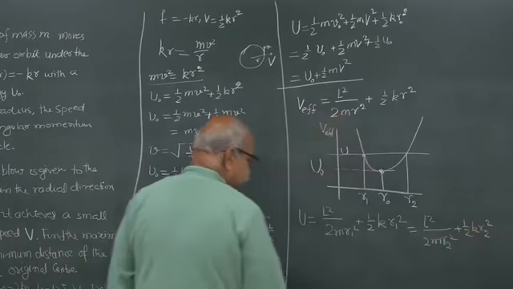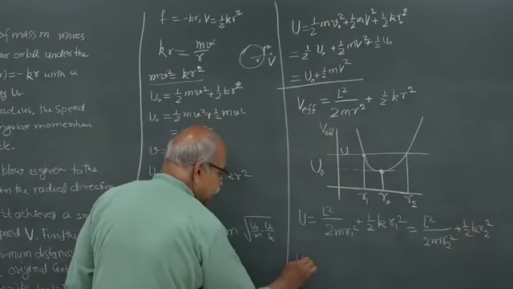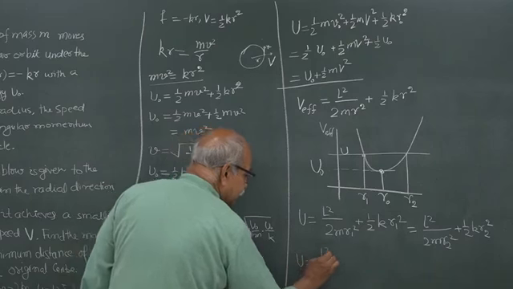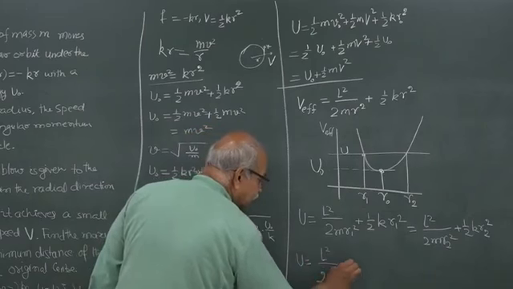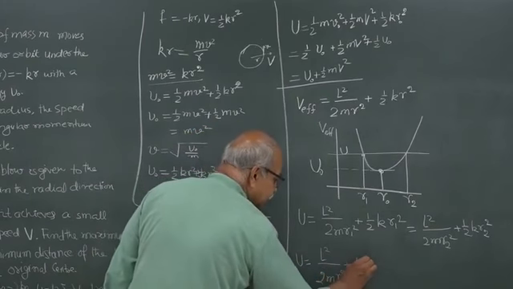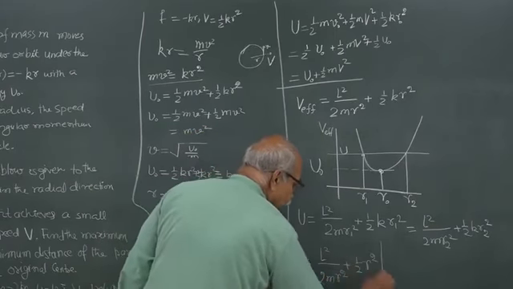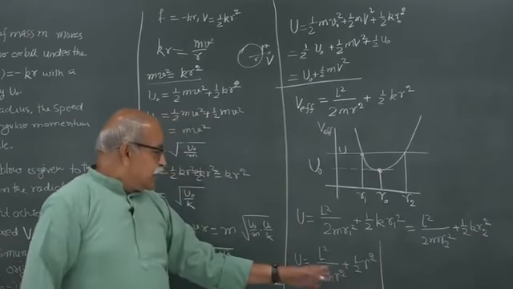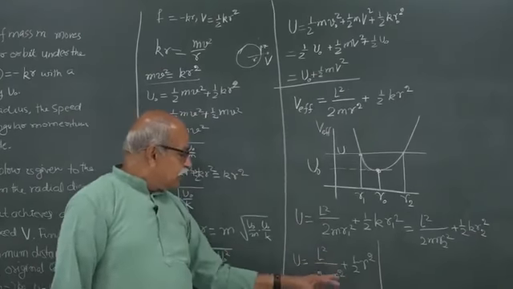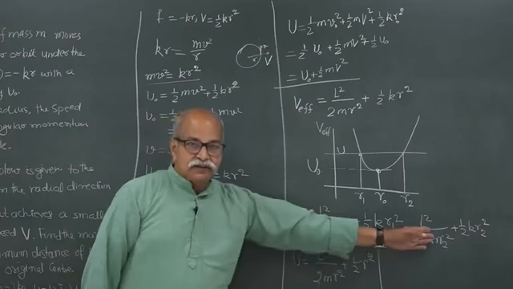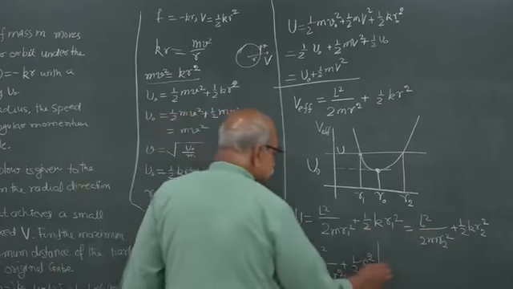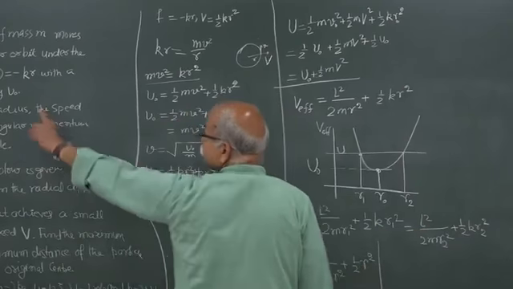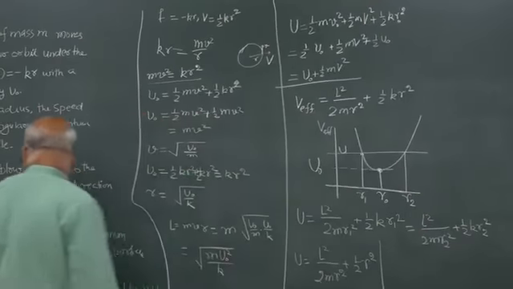So, now you have the equation. Essentially, it is u equal to L square by 2 m r square plus half k r square. It is this equation which will give you two values of r, one will be r1, one will be r2, and now you can write the values also.